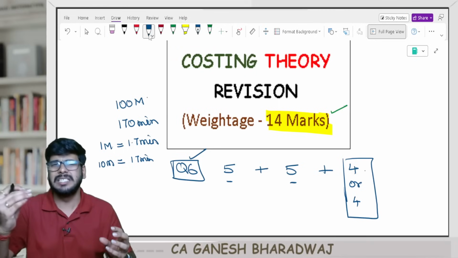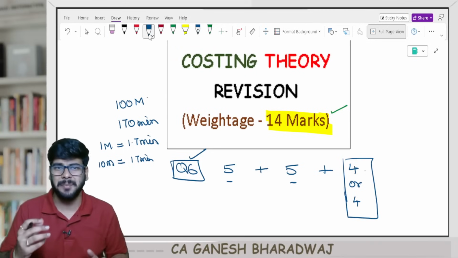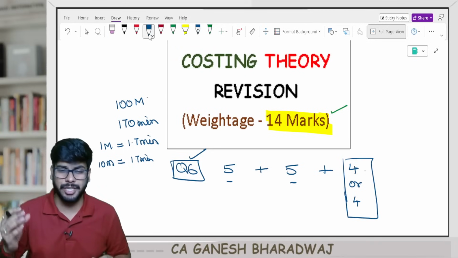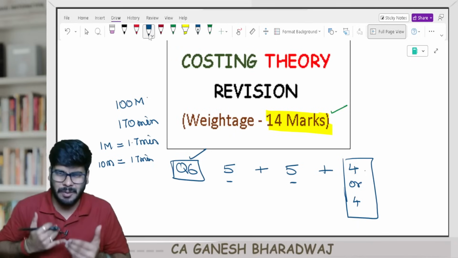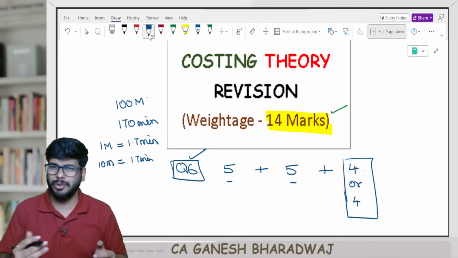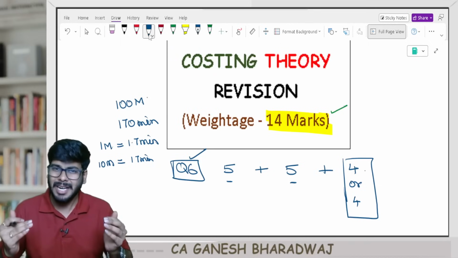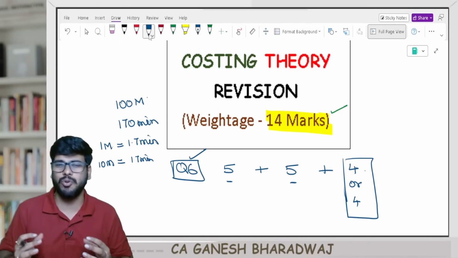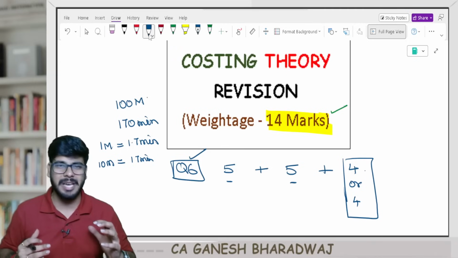Certain other chapters like material, labor, and budgeting are areas from where your theory question generally keeps coming. And over and above that, it can come from any other chapter. It could be practical, concept oriented. So if you know the concept, you will be able to handle it.